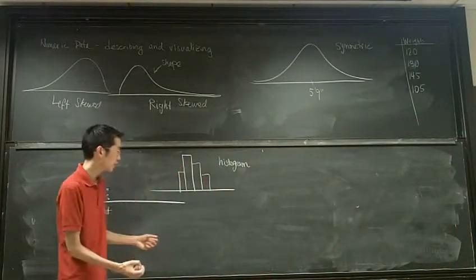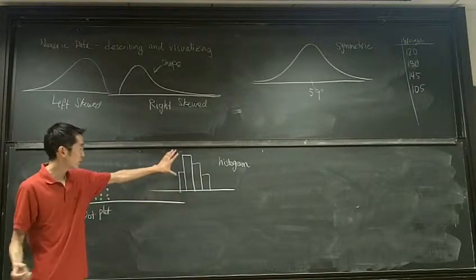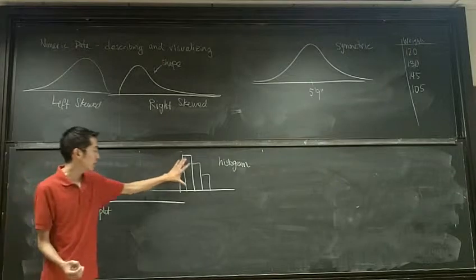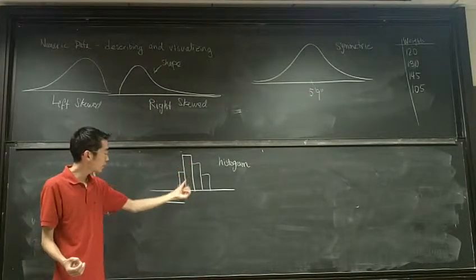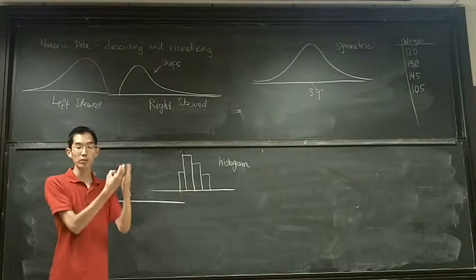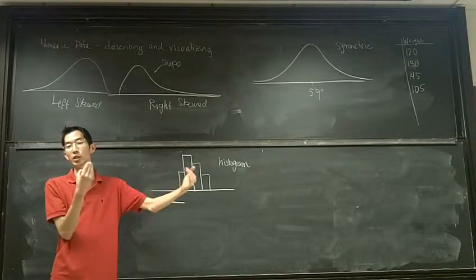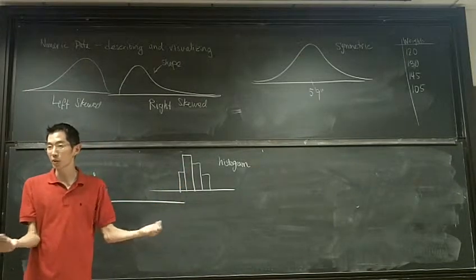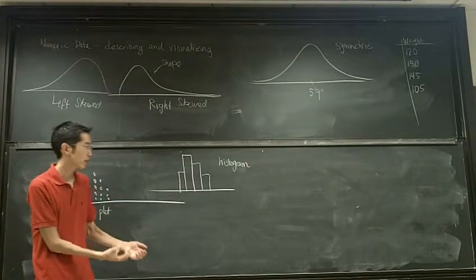Now, when we create histograms, each bar is kind of like the dot plot, except the bar represents a certain range of numbers. So we're taking a numeric variable and creating categories within it.